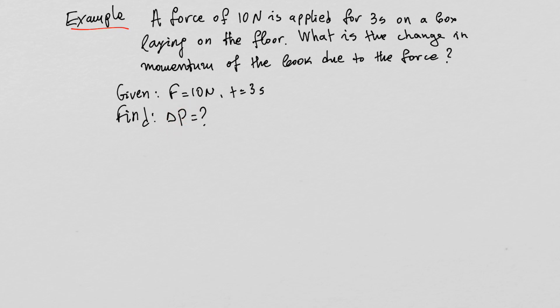Here we do not have any information about the mass of the box. We have no information about the velocity of the box before and after the application of the force.